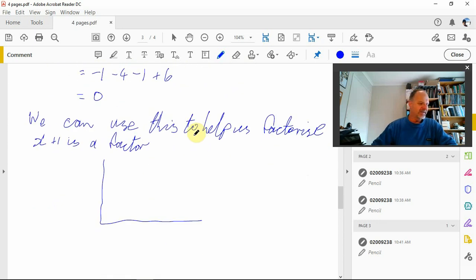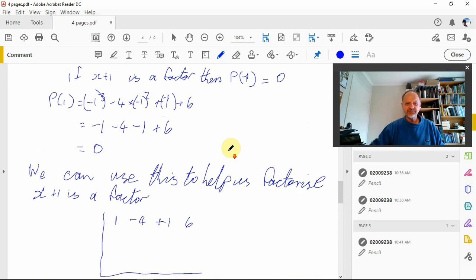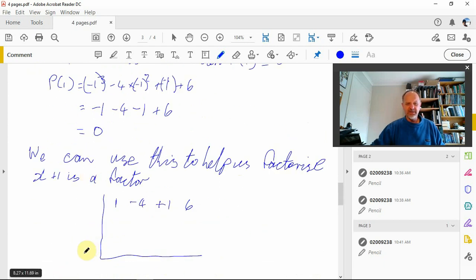All right, so inside here we're going to have the coefficients of those terms, and the x cubed term had a coefficient of 1. The x squared term, minus 4, plus 1 for the x term, and then the constant on the end was 6. All right, so that's from here. And we put p of minus 1 in there, and that's what goes out here.